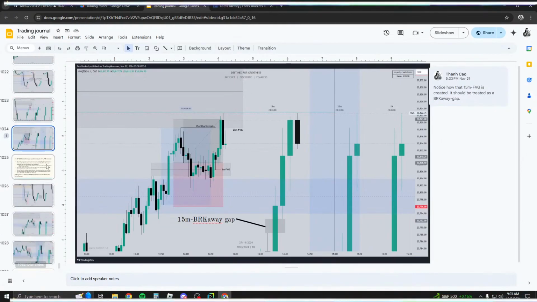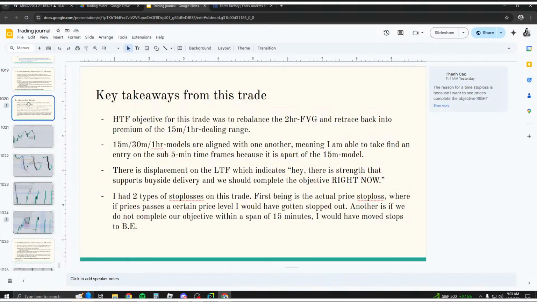But going back to the trade on Wednesday, some of the takeaways from this trade: the higher time frame objective was to rebalance a 2-hour fair value gap, and also retracing back into premium.